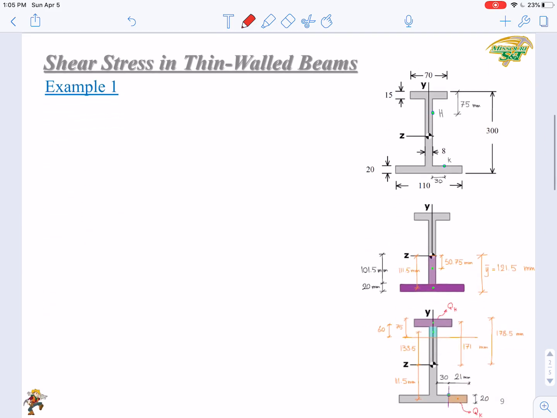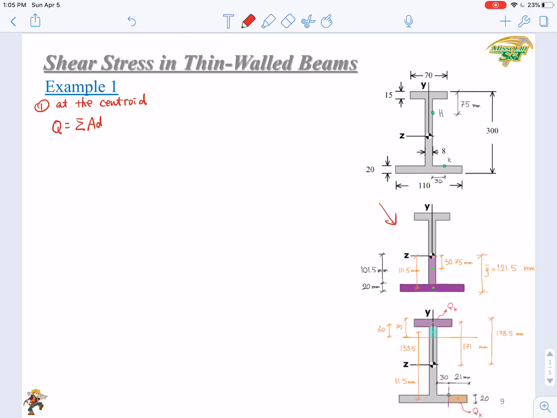First of all, let's look at the centroid. At the centroid, we need to calculate the Q value first. Q equals a sum of AD. This is the case which we use to calculate the shear stress at the centroid.